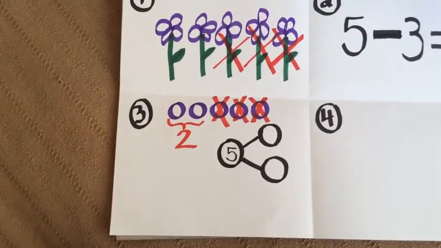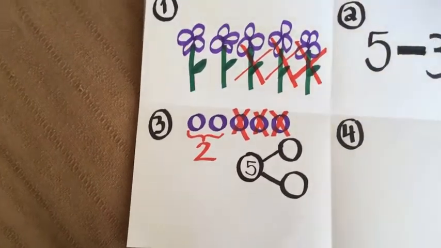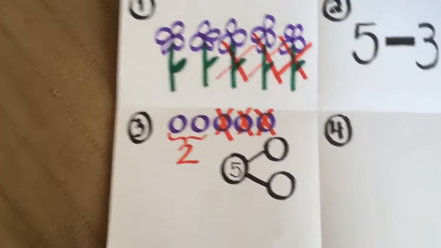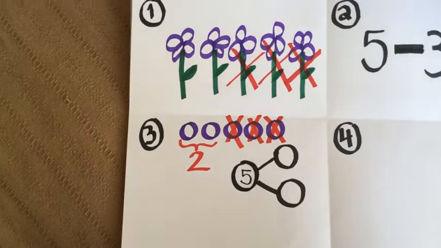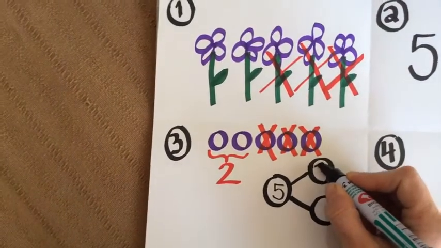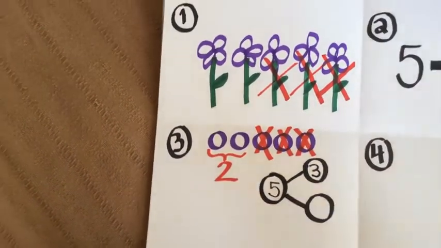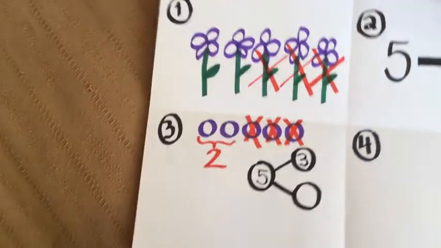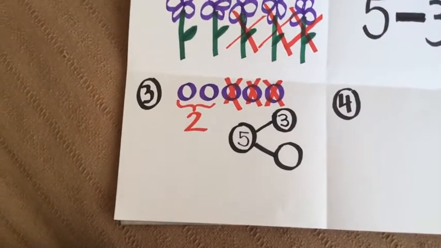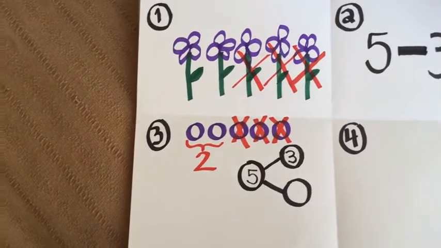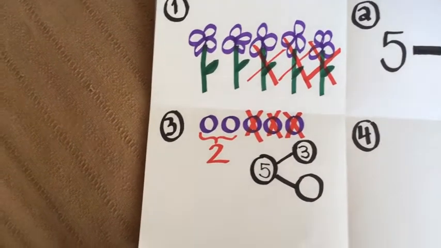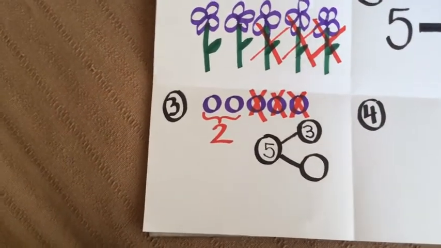How many flowers did I give to my mother? I gave 3 flowers. So that is one part of my number bond. And now I have to think, well, if I have 5 and I gave away 3, what number is missing there to make 5?